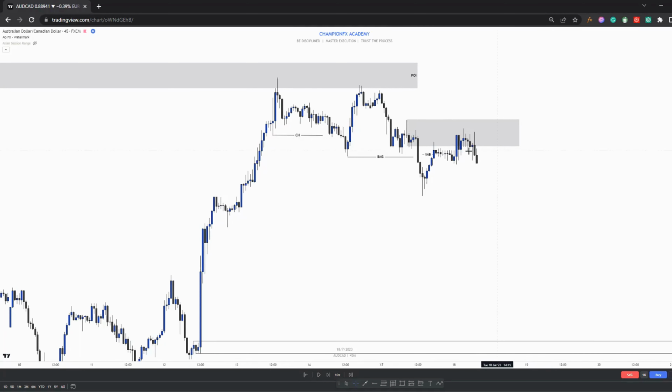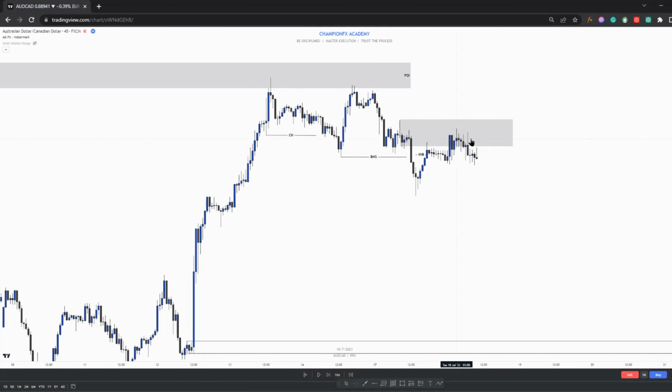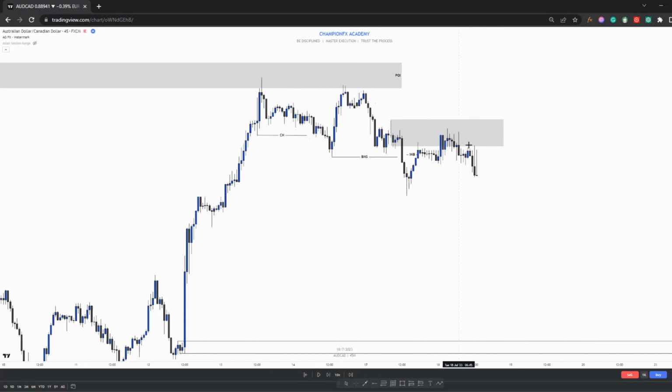And mind you, I was still interested in taking the trade within this particular zone. So we had our trade taken around this zone, thereabout. So we took the trade.